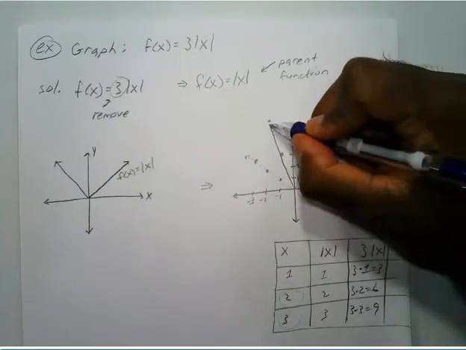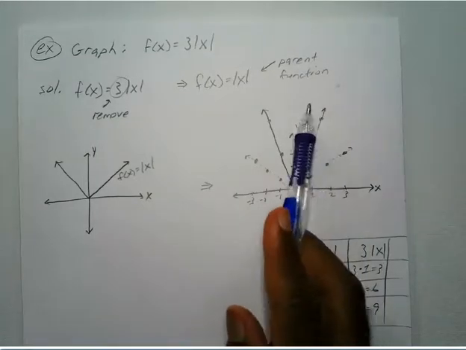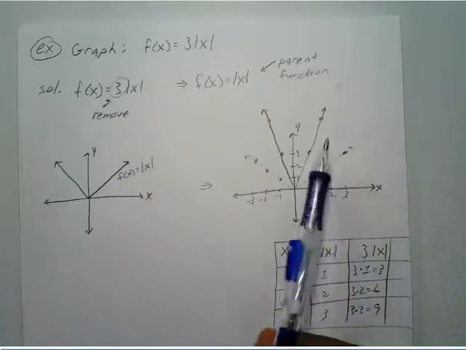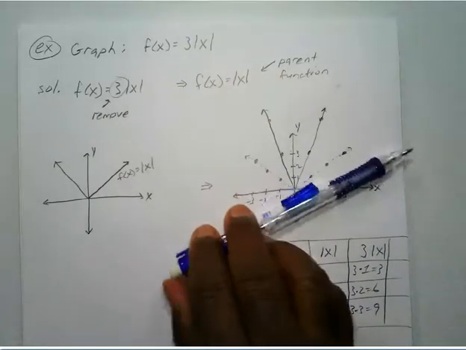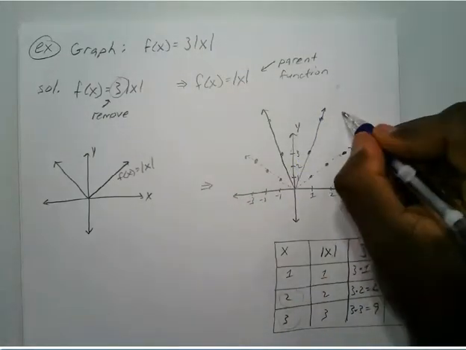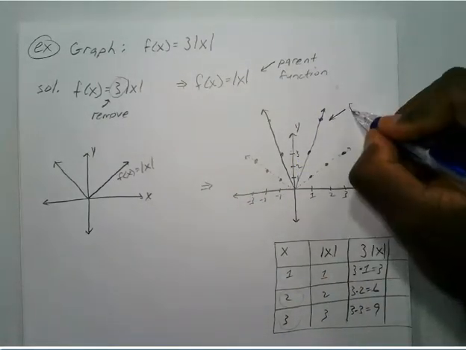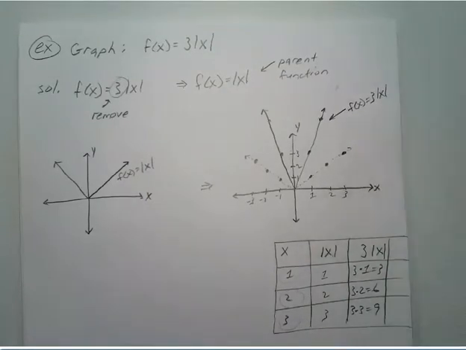It kind of shifts. Okay, so this one stretches vertically. Okay, the value didn't get smaller. It actually goes up, so it's stretched vertically. So this graph is actually your f of x equals 3 times absolute value of x.